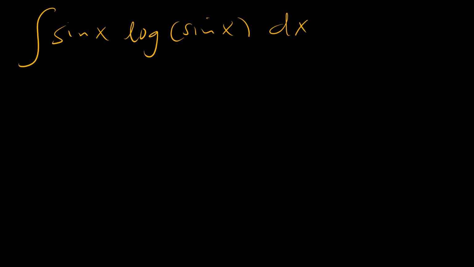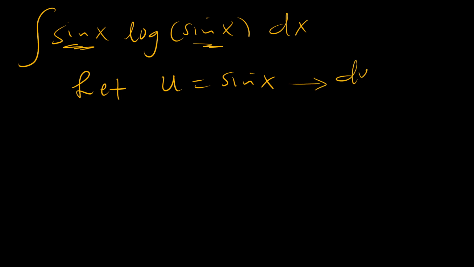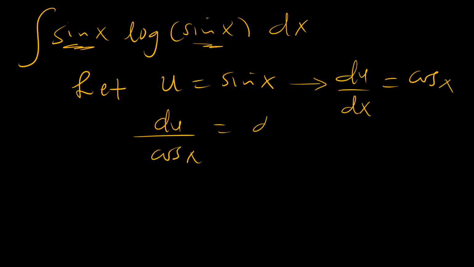I think trying to substitute is the trick. We would say let u be equal to sine x. What that means is that du/dx is equal to cosine x, and so du over cosine x is equal to dx.